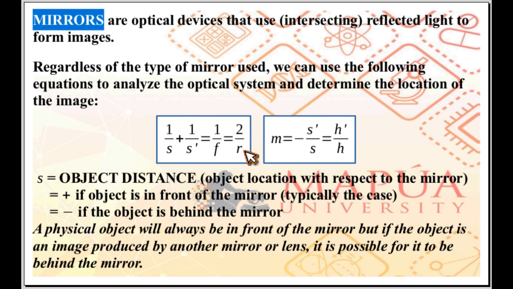Whatever R is, half of this, you have F. And then we have M is equal to negative S prime divided by S is equal to H prime divided by H.